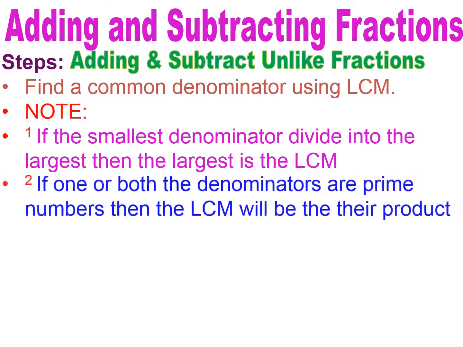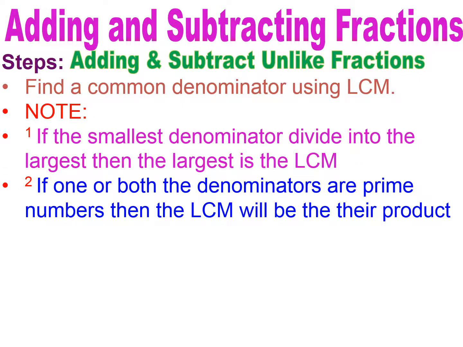The next thing I check for is if one or both of the denominators are prime numbers, then the least common multiple will be the product of those two numbers. So when you are looking at the denominator, if the smallest does not divide evenly into the largest, the next thing you want to check is, is one or both a prime number?